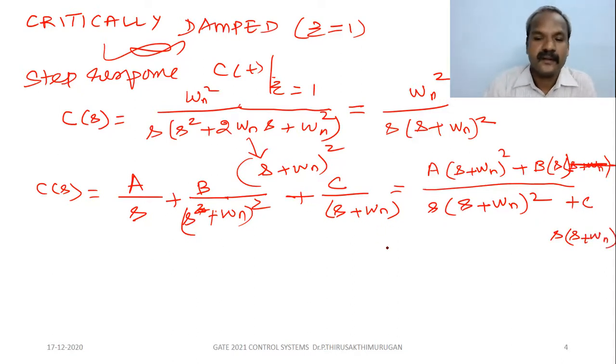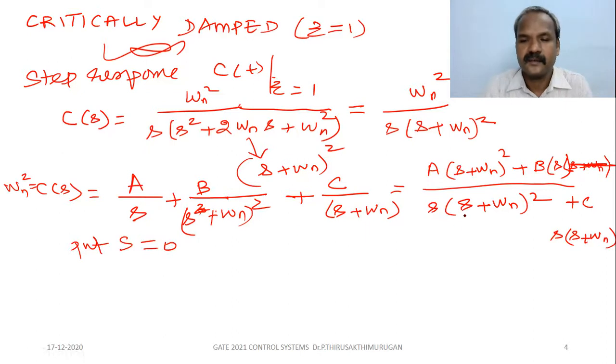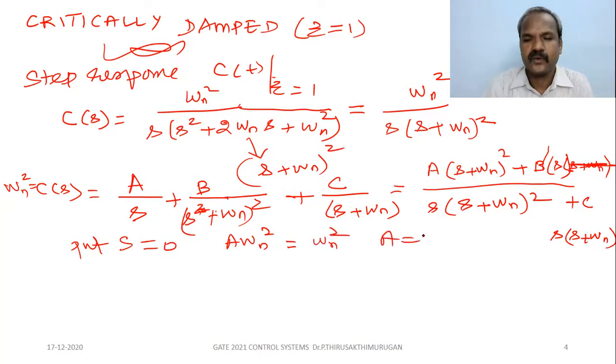So the left hand side is omega n square equal to this. Similar to the previous problem, put s equal to 0. So this term vanishes, and this term also vanishes. What we get is A omega n square equal to omega n square, so A equal to 1.